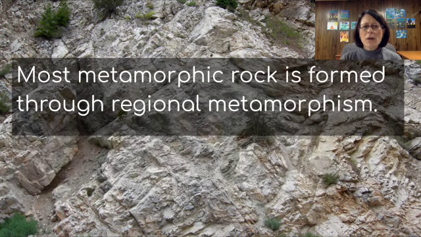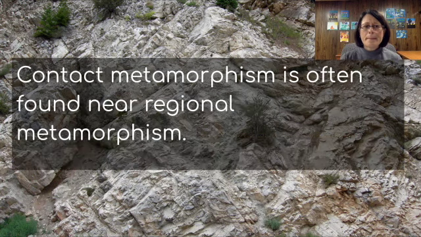Most metamorphic rock is formed through regional metamorphism. And contact metamorphism is often found near regional metamorphism. That's because this is occurring in areas where there's probably some kind of volcanic or earthquake type activities where there is some magma perhaps seeping up to the surface.